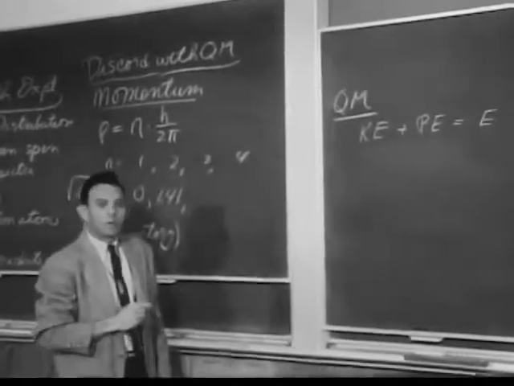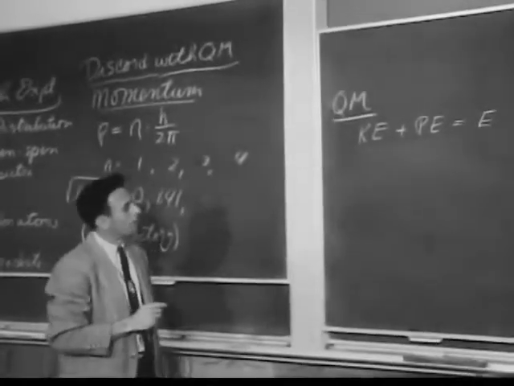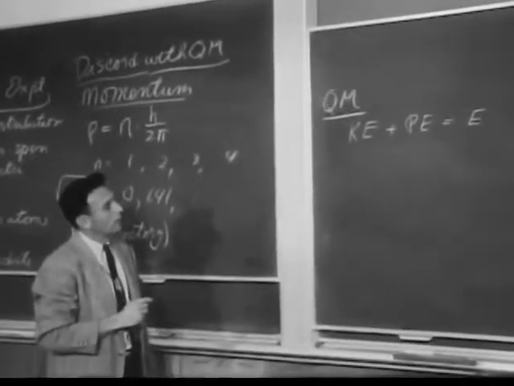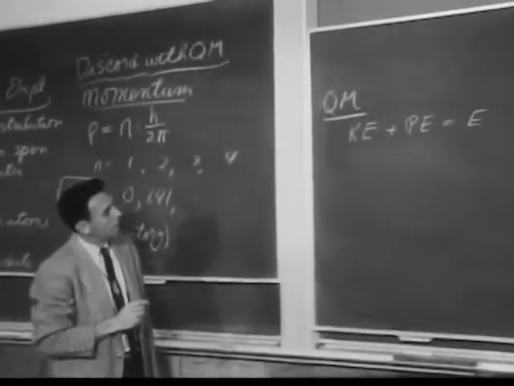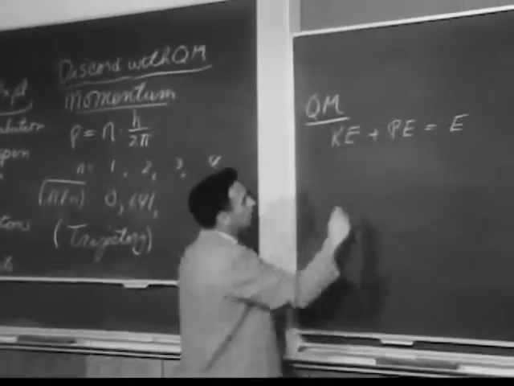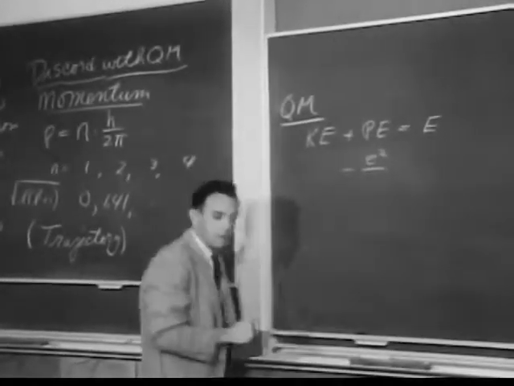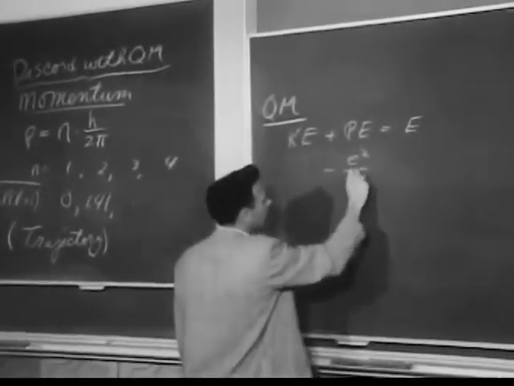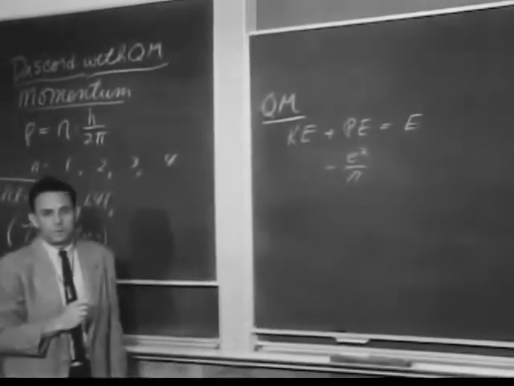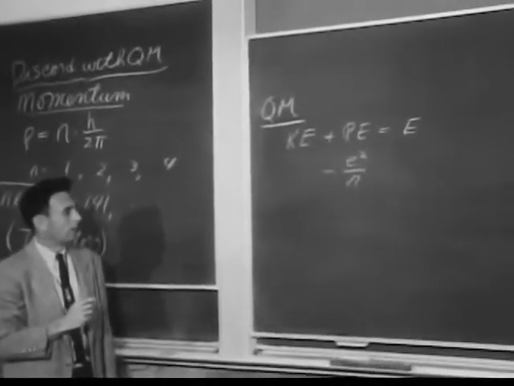This would represent a statement about the motion of an electron in the presence of a proton. And of course, the potential energy would be just the familiar e squared, the charge on the electron squared, divided by r, the distance between the electron and the proton.